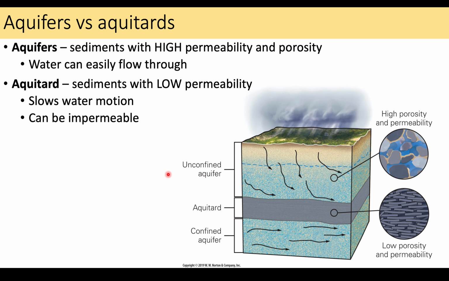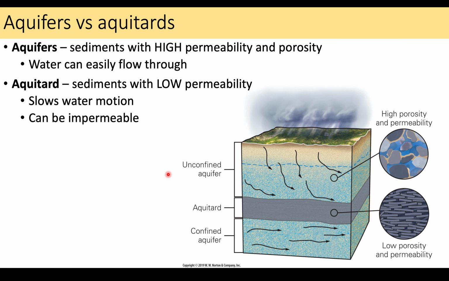So the next thing to talk about are aquifers versus aquitards. This is what we call the different layers of rock. An aquifer would be a layer where the sediment has high permeability and high porosity, meaning water can flow very easily through.